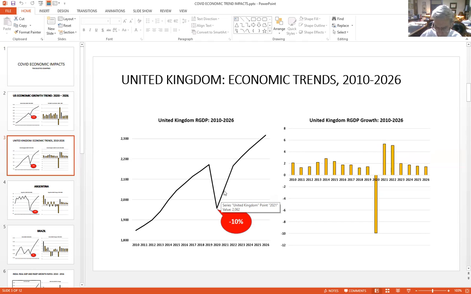But here where the cursor is in 2021, you see it's far below where it left off in 2019, and it'll only be up here in 2022 that the UK regains the size of economy that it left off with in 2019. So this has been a major, major event.